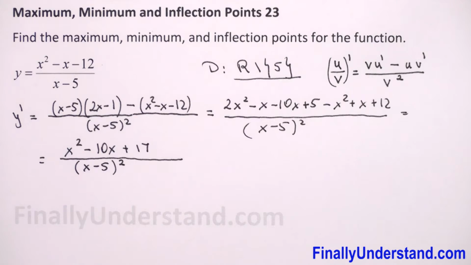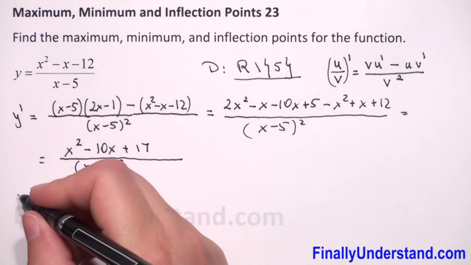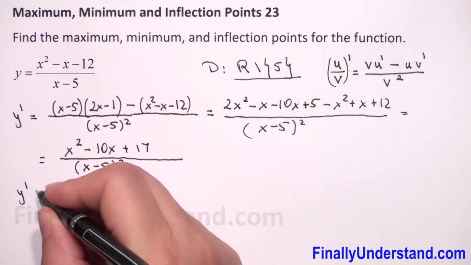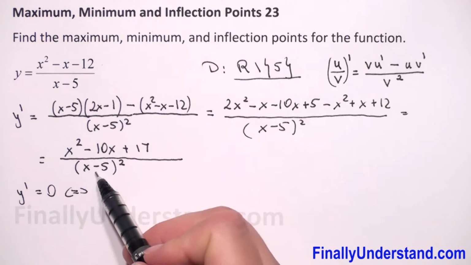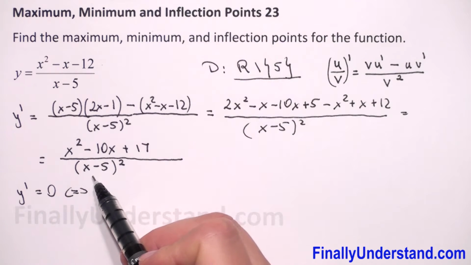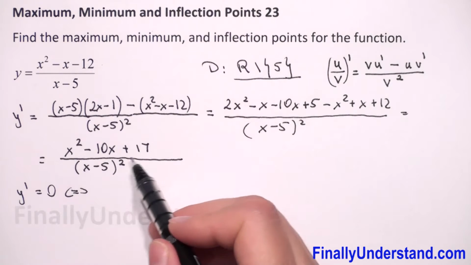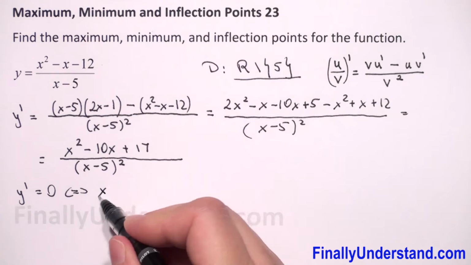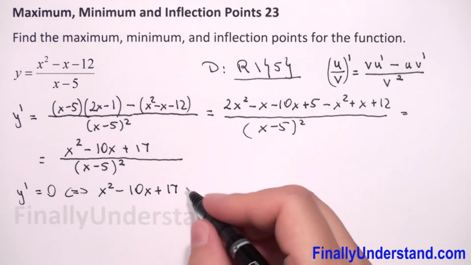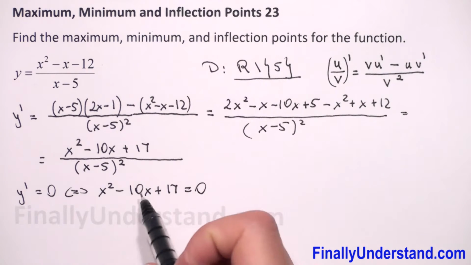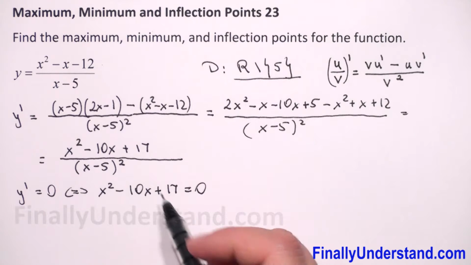Next, to find critical values, we have to set y prime equal to 0, and because the denominator cannot be 0, we only check our numerator. In the numerator we have x squared minus 10x plus 17. This is equal to 0. We have a quadratic equation to solve.